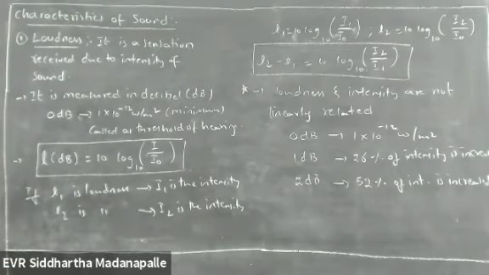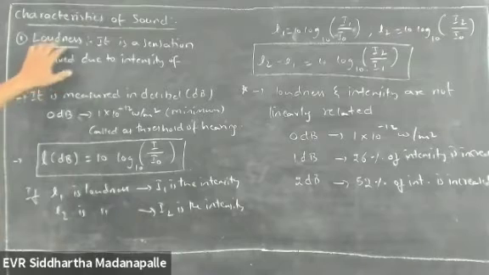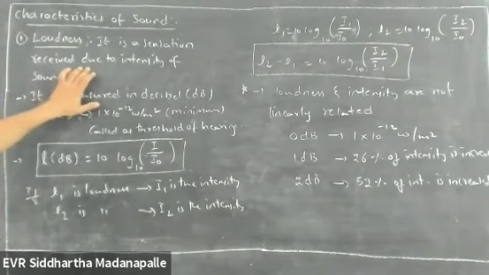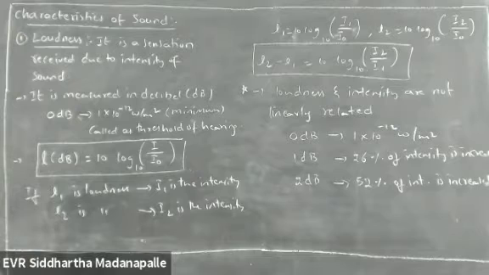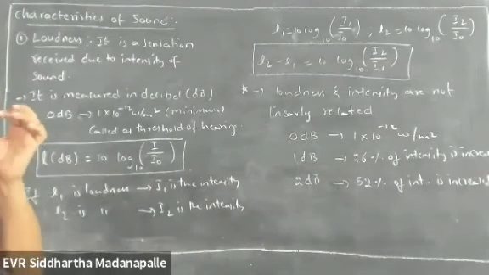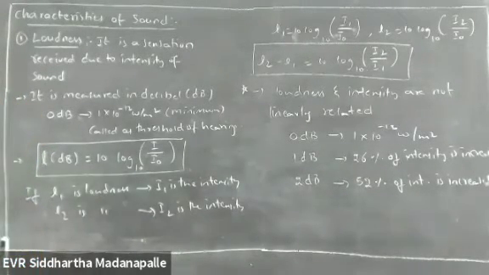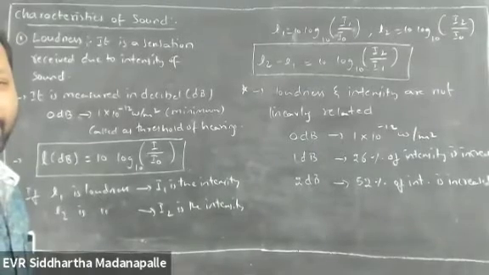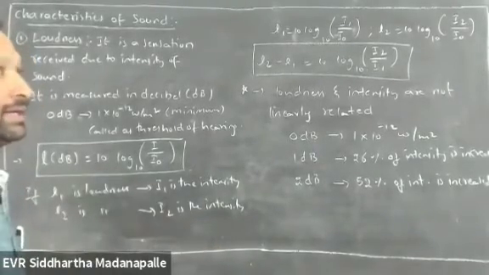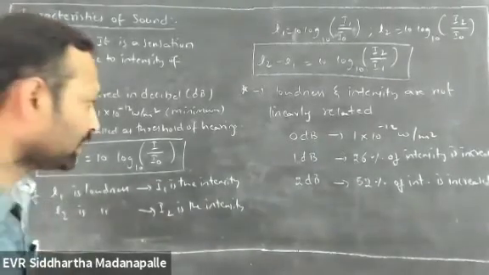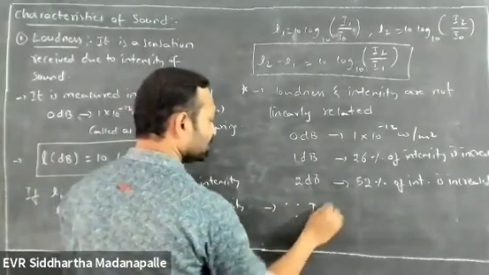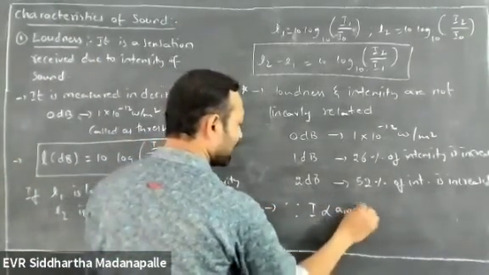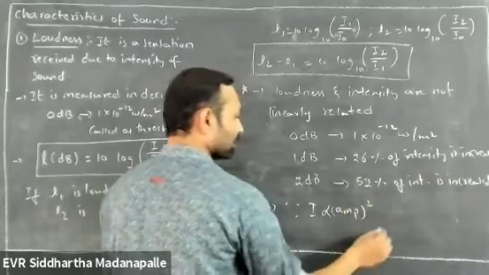Now today, remember, loudness is related to the intensity and intensity is related to the amplitude. If the amplitude of the sound is the same, it indicates that loudness is also the same, since intensity is directly proportional to amplitude square, right?